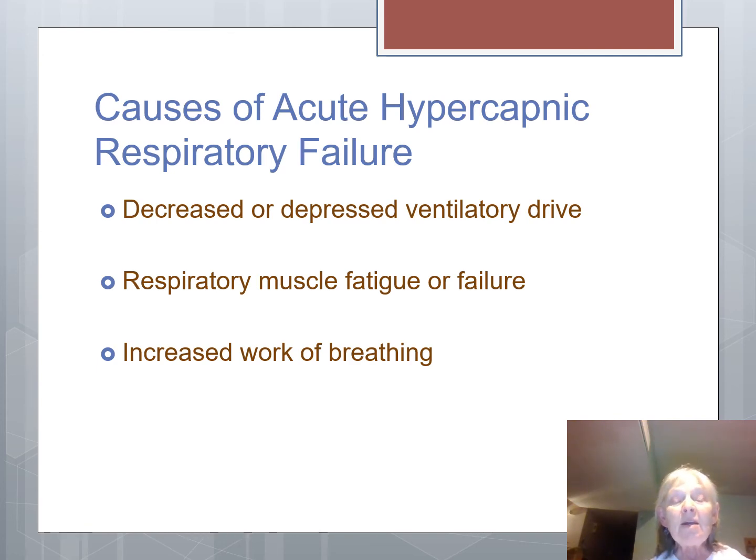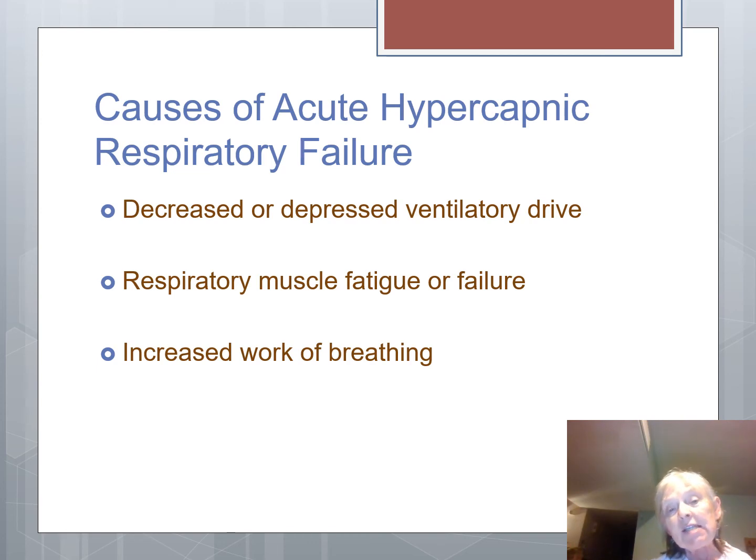The problem is, here's the brainstem saying, we need to pick it up. The CO2 is too high. I need you to start breathing more for you. And the work of breathing is sitting there going, yeah, right. And what happens in this case is we're actually going to see the patients start to slow down in their breathing at this particular point.